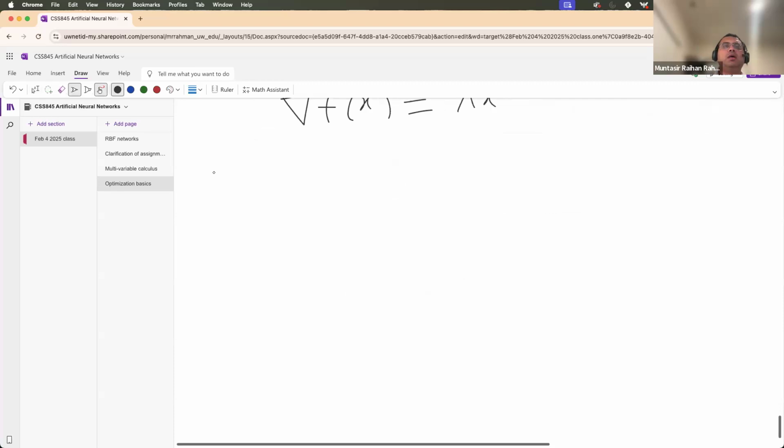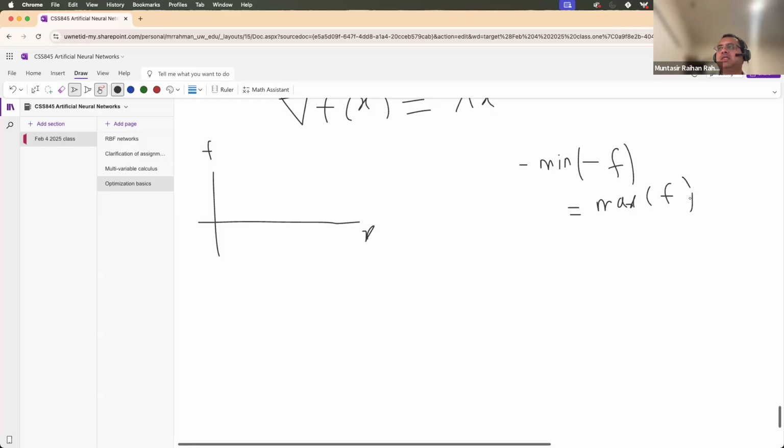If you have a function, typically we think about minimization, and maximization is always going to be equivalent, because if you have a maximization problem, you minimize minus f, and then you take the minus, you get the maximization. So any maximization problem can be cast as a minimization problem. So we just think about minimization.